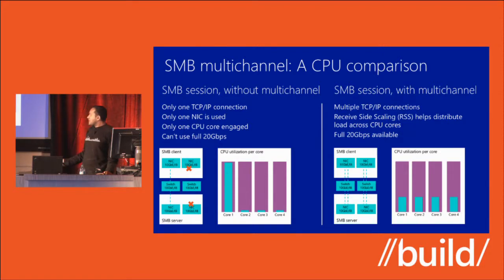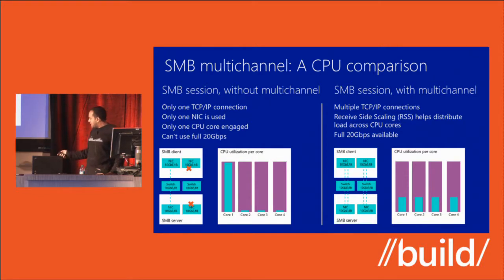Now what happens is that for each TCP connection, the networking stack will distribute your load over all the 4 cores. And essentially you would see fairly low CPU utilization on all the cores, and you are able to get all the 20 gigabits of throughput. So it's 10 gigabits and 10 gigabits. So you'll get all the 20 gigabits of throughput when you're doing multi-channel.